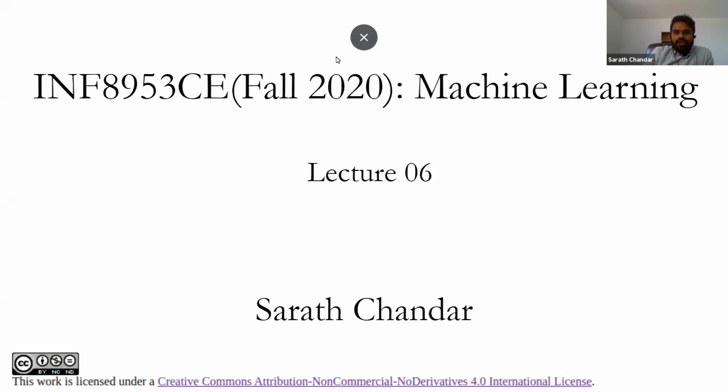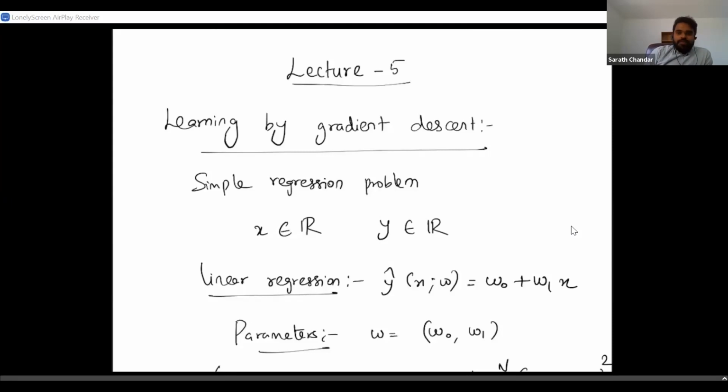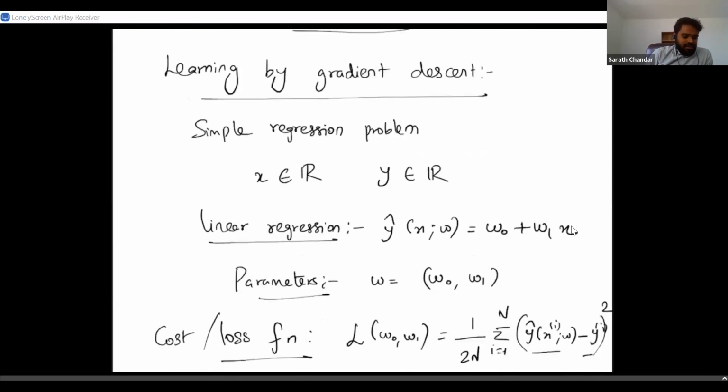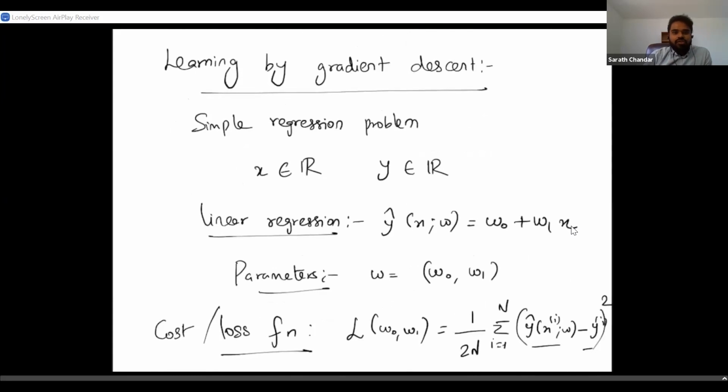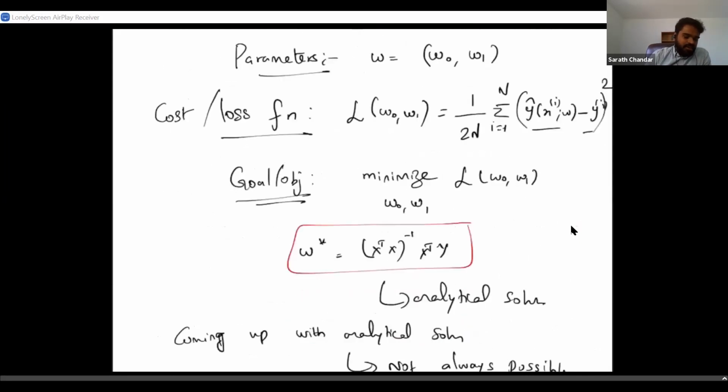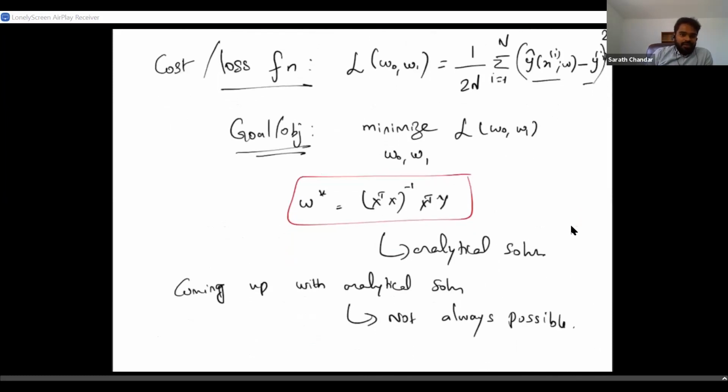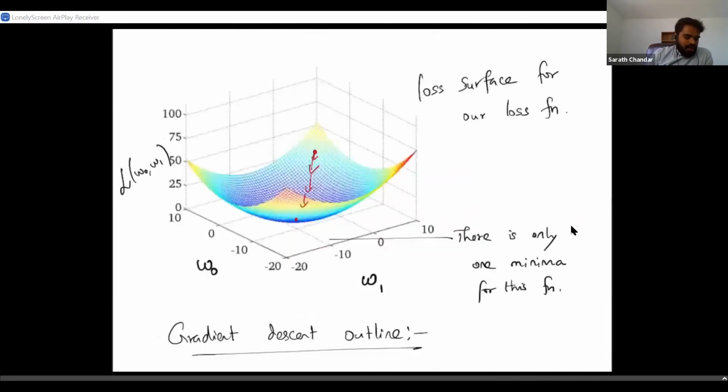We will start with a quick recap of the previous lecture. In the previous lecture, we looked at gradient descent, a way to minimize objective functions where you cannot come up with a closed form solution. The basic idea is that you start with some random initialization and take the gradient at that position.